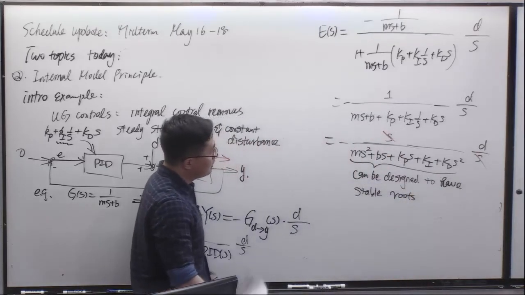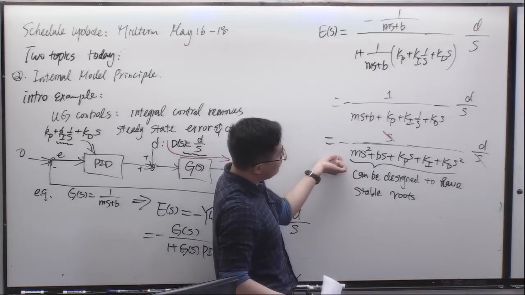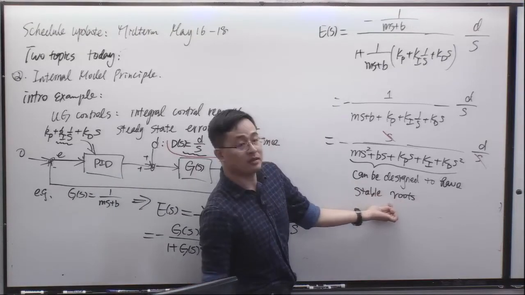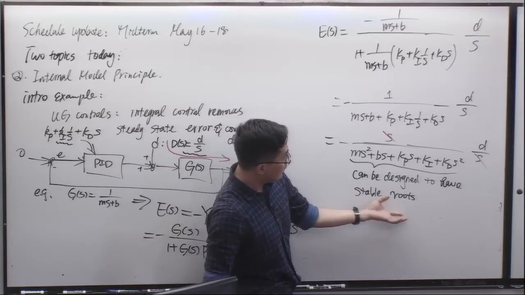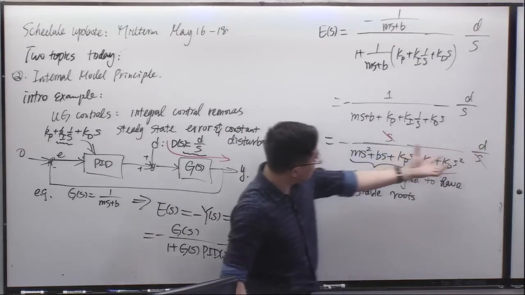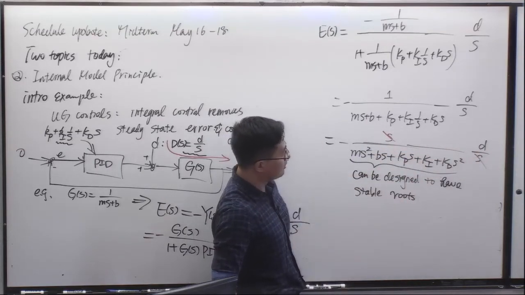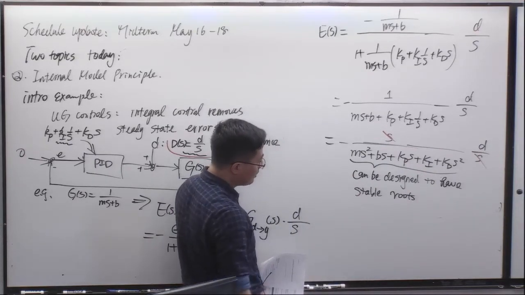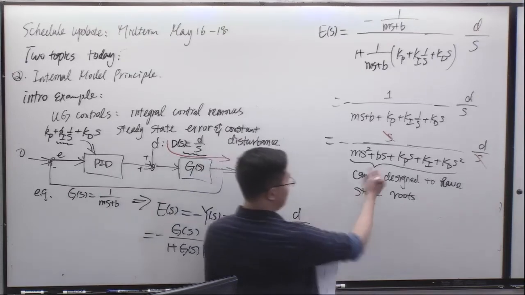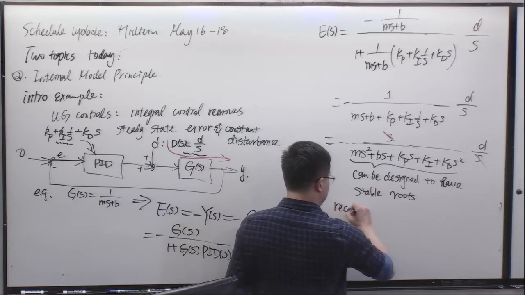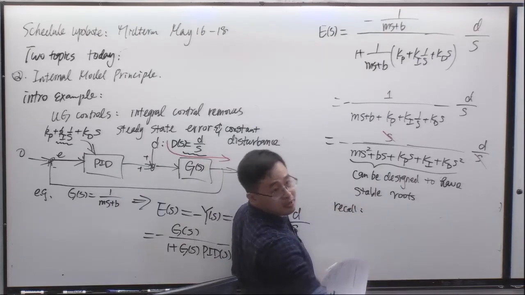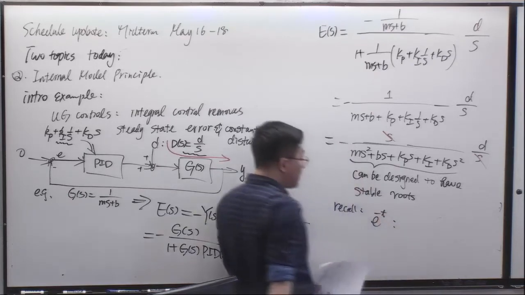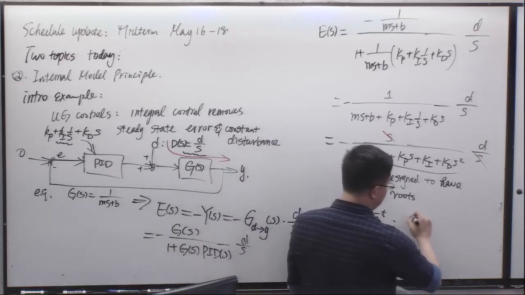So that means your E of S, your error signal, has this Laplace domain property. It is a constant divided by some stable polynomial. So think about examples, recall, if you have an exponential function which dies out eventually, e to the negative t, the Laplace transform of this is 1 over what?